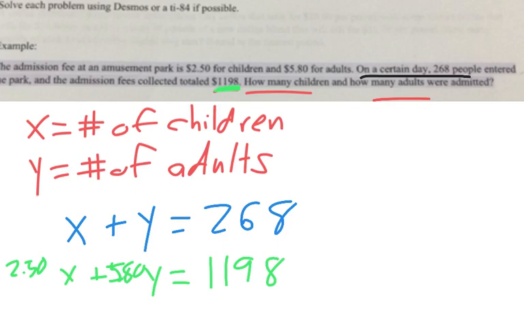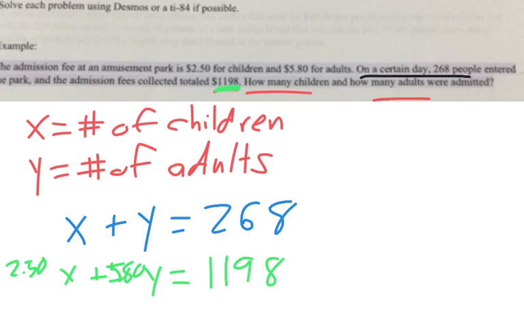I might actually choose that this time because I don't really like those decimals. So I've got a matrix that's going to be a 2 by 3. It's got 1, 1, 268, 250, 580, 1198. Quit, matrix, math, reduced row echelon, matrix, pick the one that you plugged in.